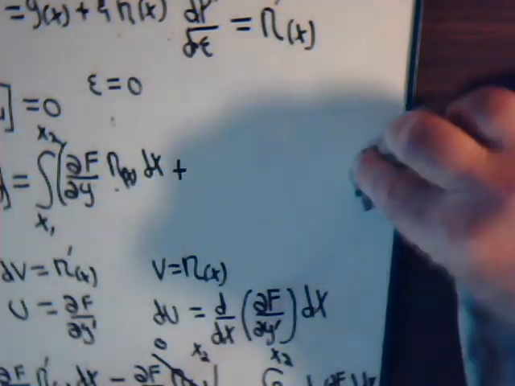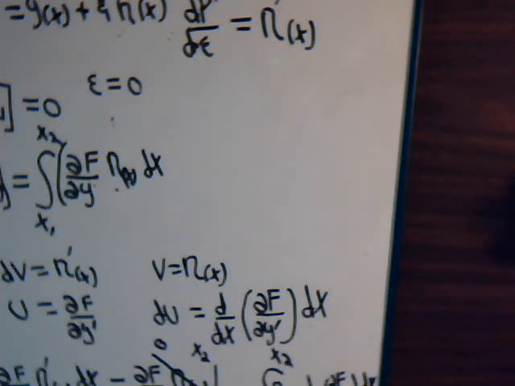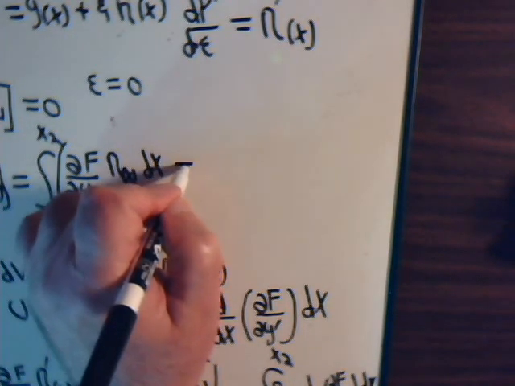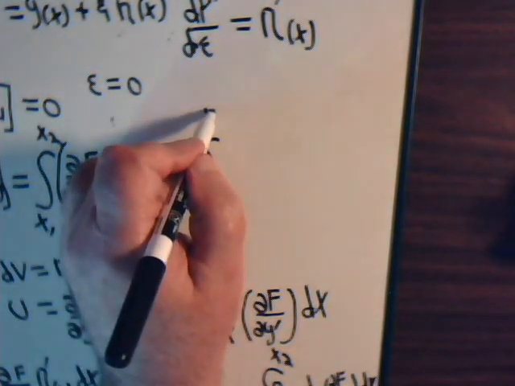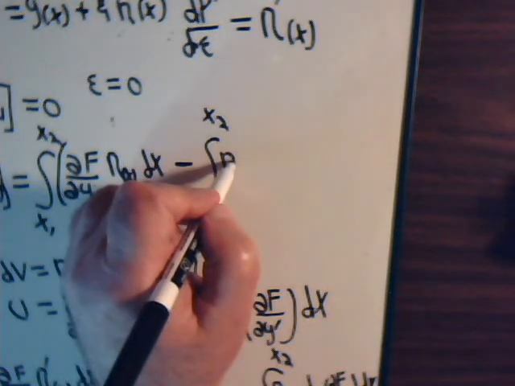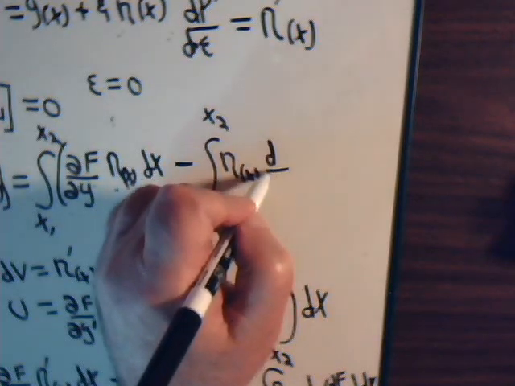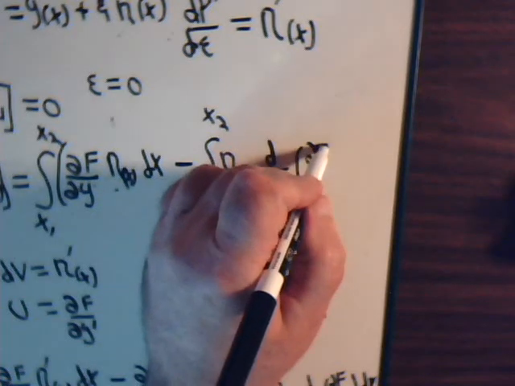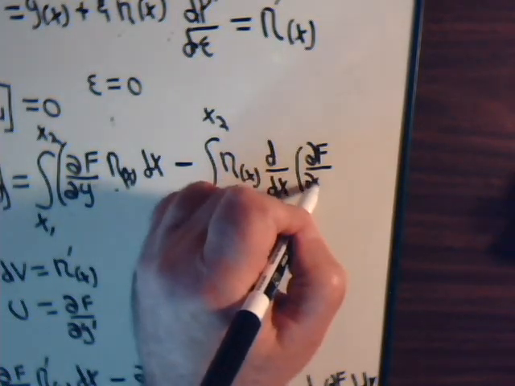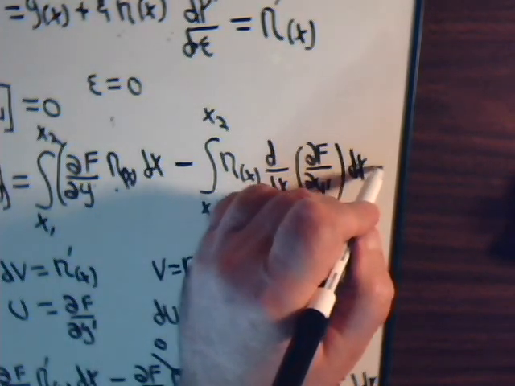And hopefully you've watched the first video and realized this is exactly analogous to what we did in the previous video, but again we're doing it with a more generalized case. So you have minus the integral from x1 to x2 of nu of x, d/dx of the partial of f with respect to y prime, dx.